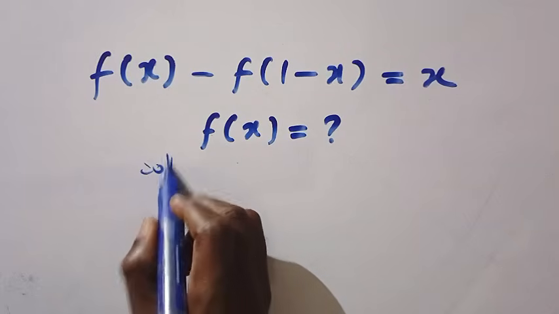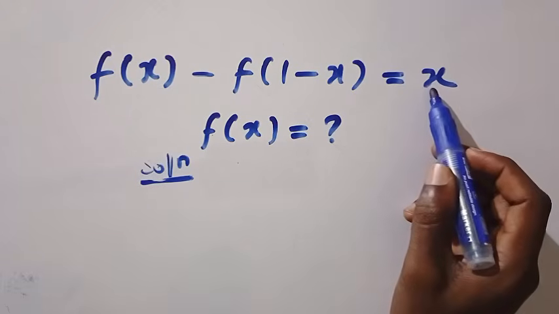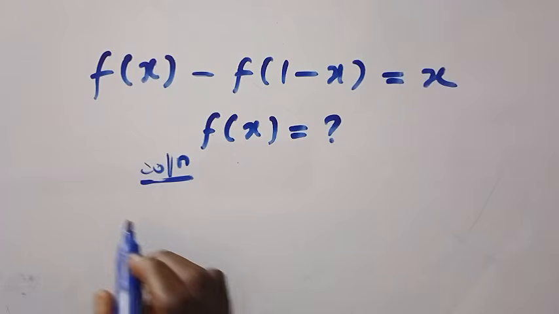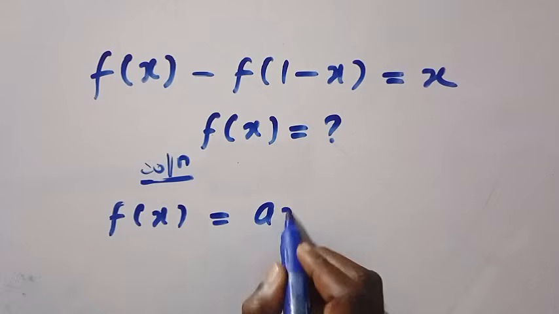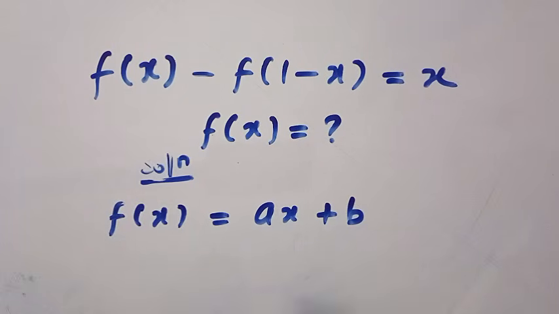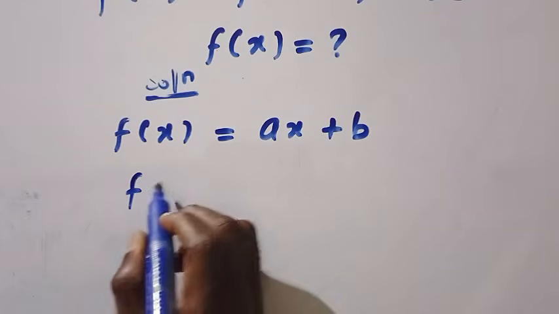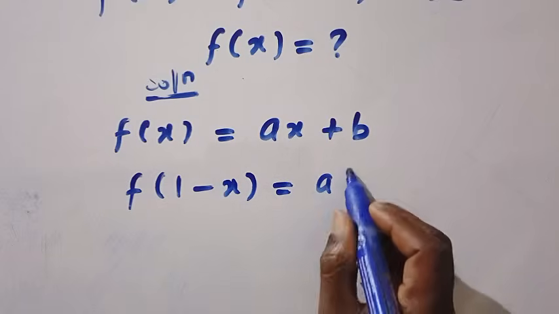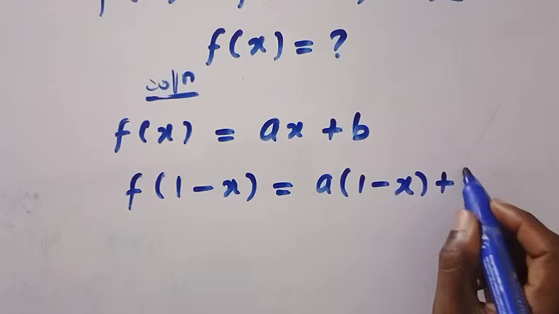Let's get into it. If I consider the solution, looking at this side, the x here is linear. Let f of x equal ax plus b, assuming this is a linear function. Then we replace x with 1 minus x, which equals a times (1 minus x) plus b.